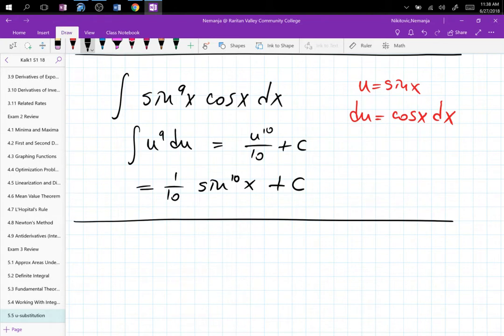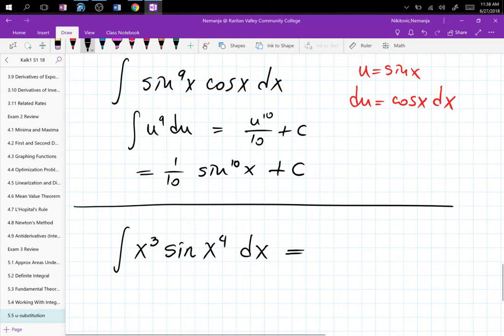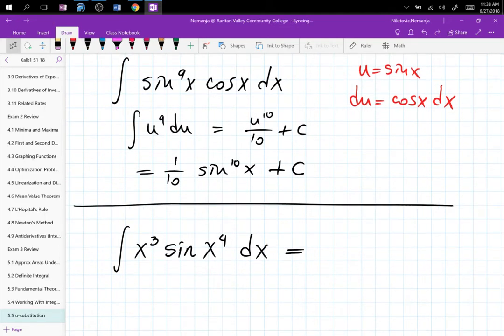Now let's take a look at another flavor: the integral of x cubed times sine of x to the 4th dx. Now, how is this problem different than the problem up there?